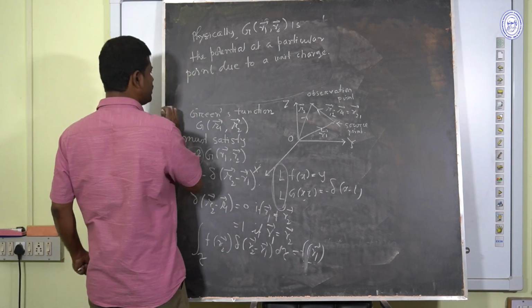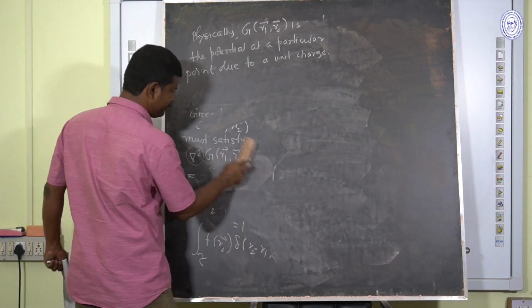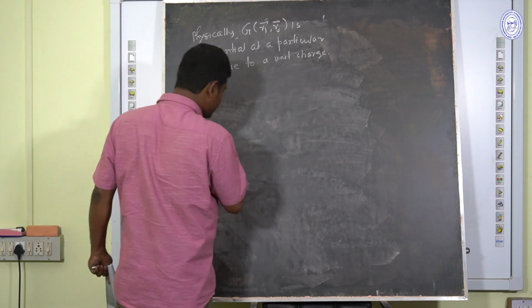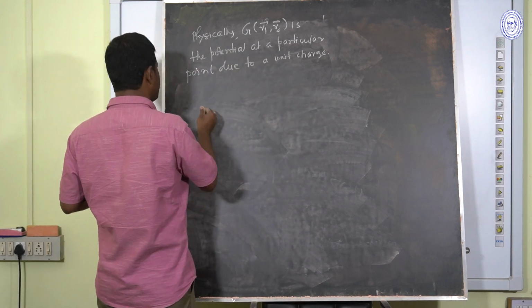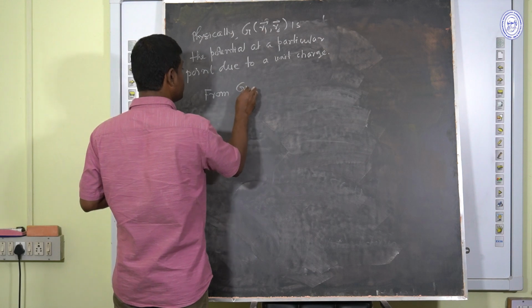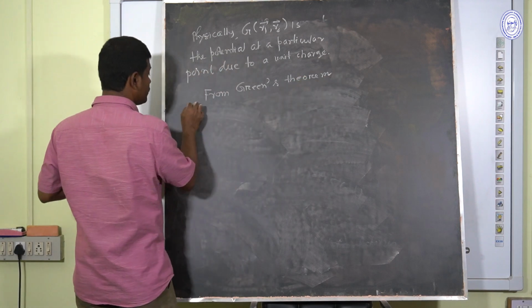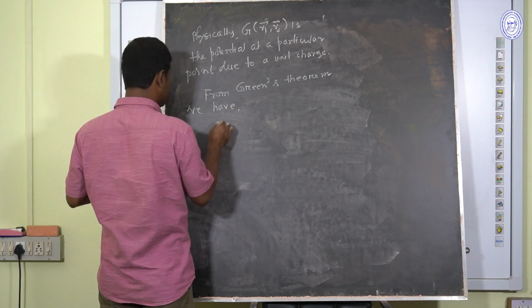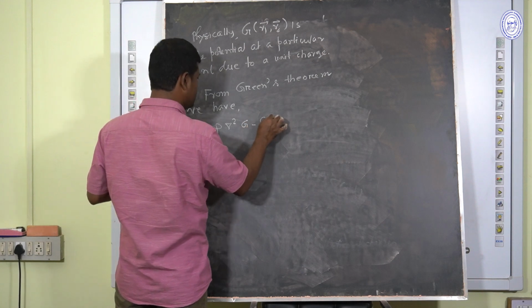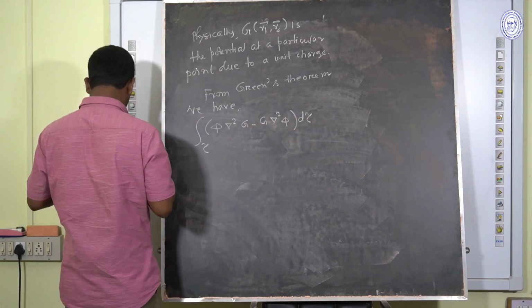And from Green's theorem, we have the integration over the volume tau of phi Laplacian of G minus G Laplacian of phi d tau.